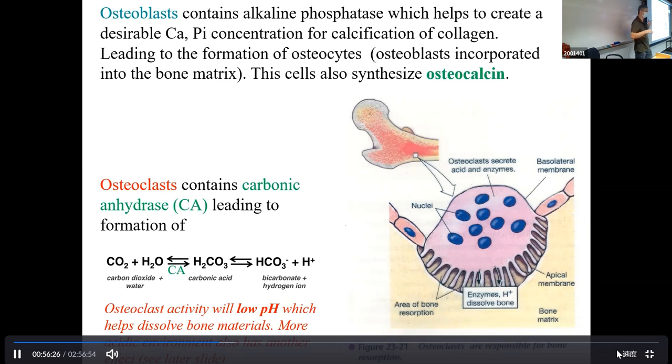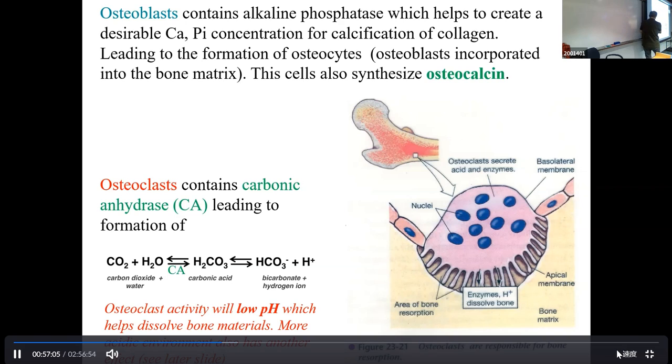Carbonic anhydrase is a very common enzyme that occurs in many parts of your body, including your lung, because this is the enzyme responsible for helping you with the acid-base balance when you're breathing in and breathing out. But in the bone cell here, the activity of this enzyme, carbonic anhydrase, as shown here, will carry out the reaction, although this is always a reversible reaction.